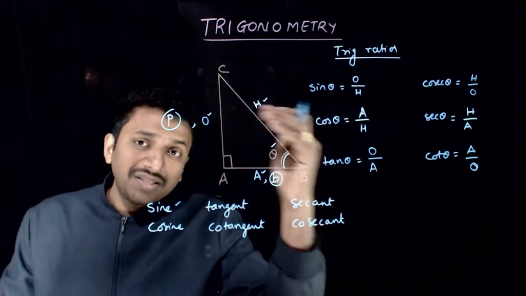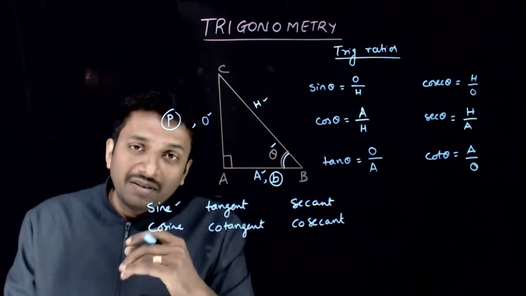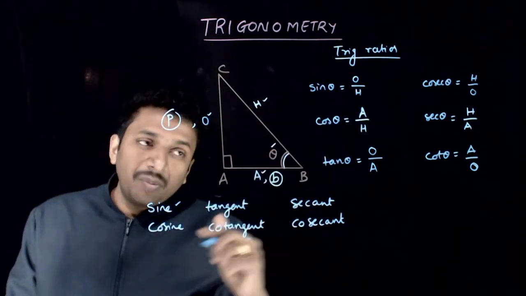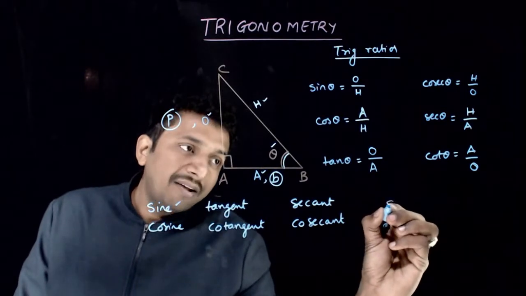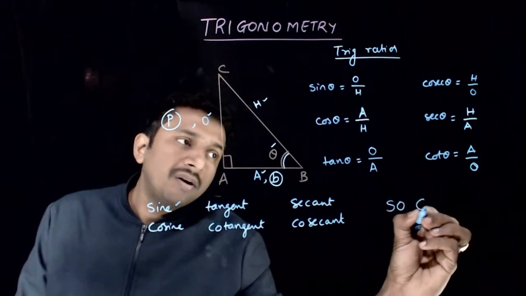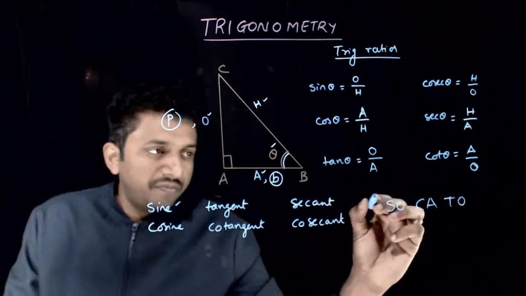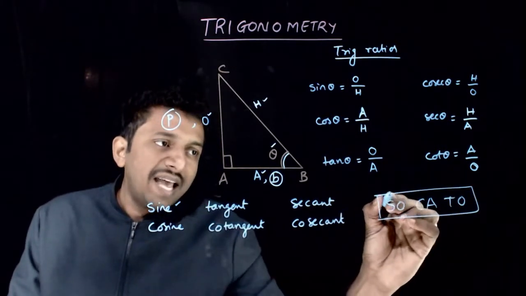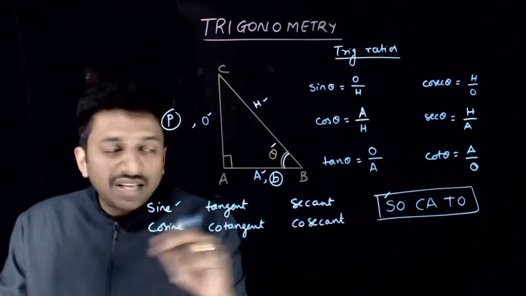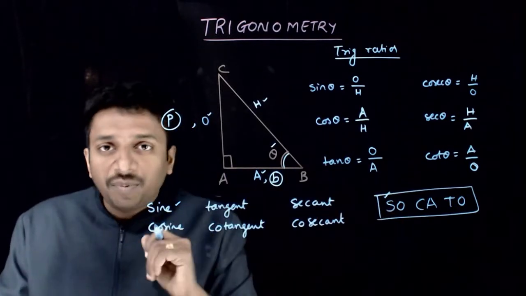So what is the shortcut for remembering? You can remember these trigonometric ratios using the acronym SOCA2. That is, sine starts with opposite side. Sine is opposite side by hypotenuse.